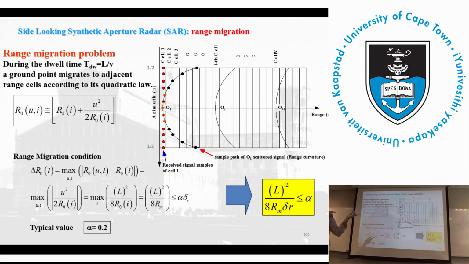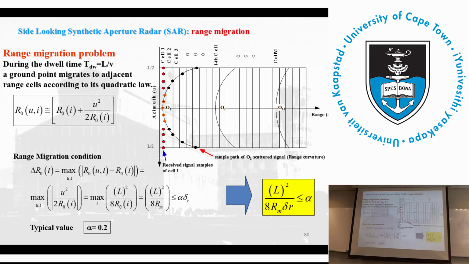If that distance change is greater than your range resolution, that means that your point on the ground will migrate from one resolution cell to another. And this shows you the sample at point O as it moves in distance depending on the position of your antenna element.